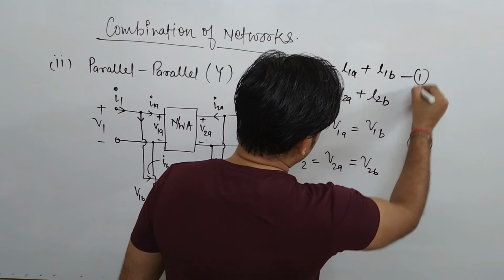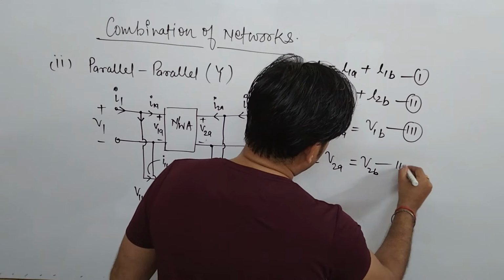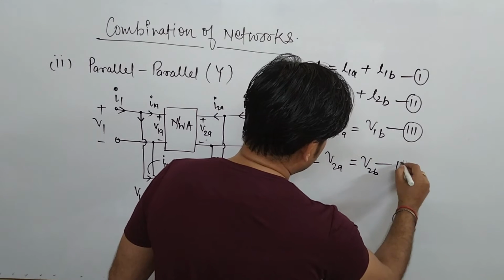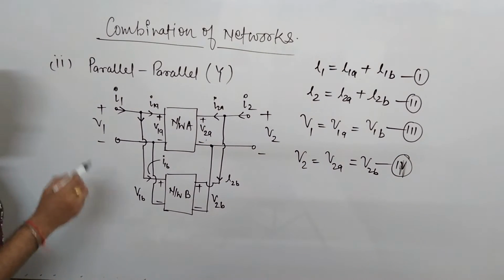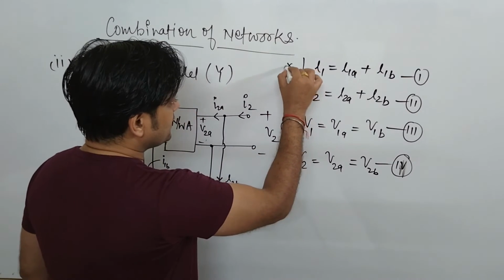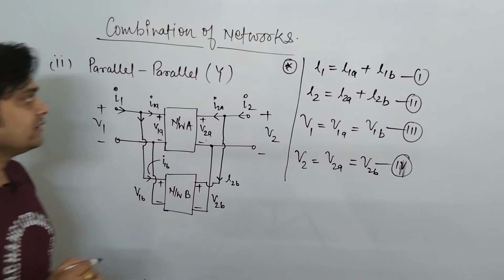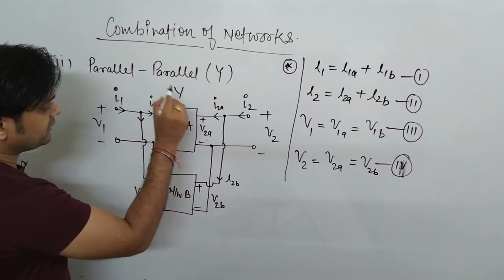So these are the four conditions for two networks to be in parallel combination. If two networks are connected in such a fashion and such conditions exist, the network is in parallel form, and for such a network you can directly find the Y parameters.